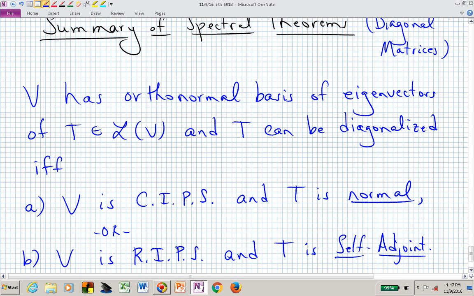But if we have an operator that's self-adjoint and we're working on a real inner product space, then we can diagonalize that operator. If we're working on a complex inner product space and that operator is normal, we can also end up with a nice matrix representation, meaning it's diagonalizable.